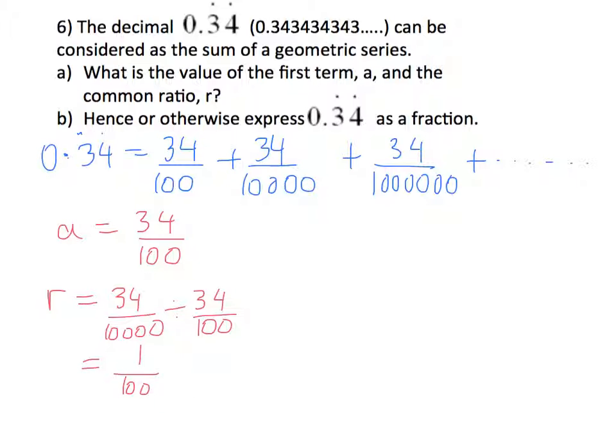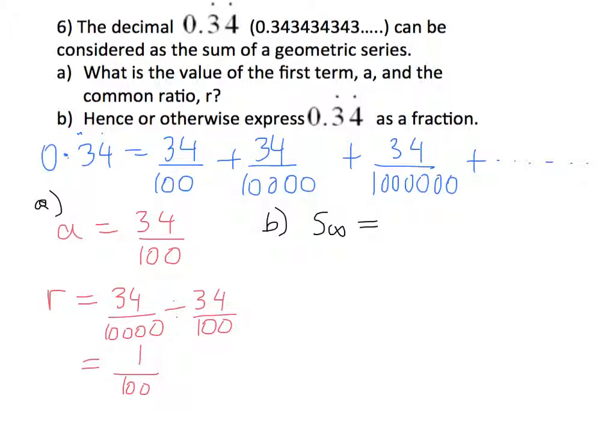And then part B, hence or otherwise express 0.34 repeater as a fraction. Because you can see that the common ratio, 1 over 100, is less than 1, this sum is going to converge. So you can find the limiting sum, and that sum to infinity is going to equal another way of writing 0.34 repeater.